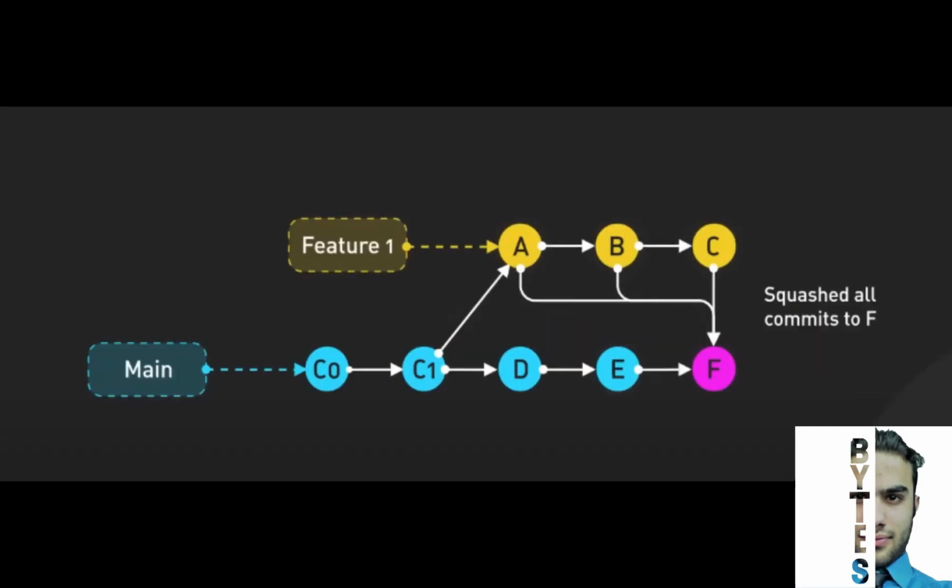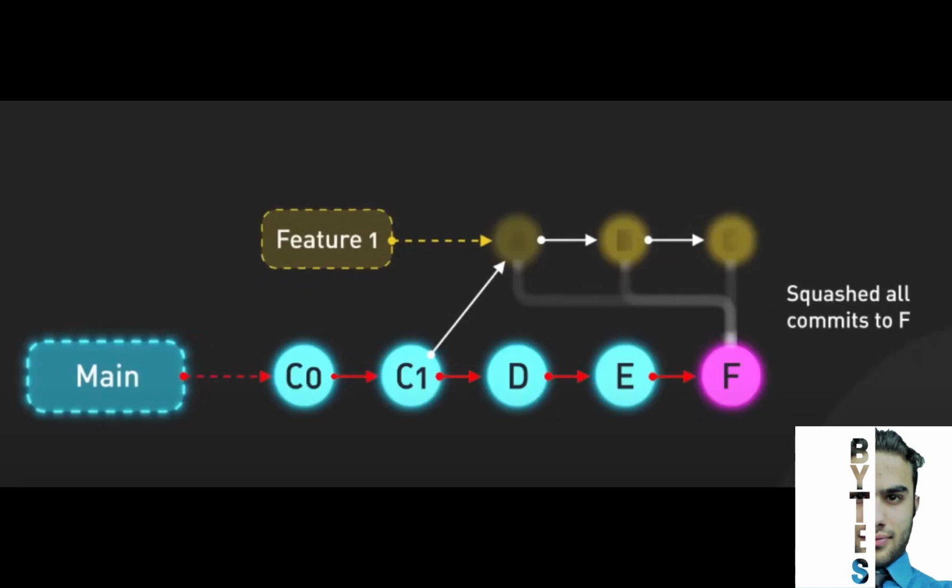Here is how Rebase restructures commits A, B, and C after the main branch reaches E. They become A', B', C', right on top of main. So now, instead of keeping A and B, C, we can squash them into a single commit F. This is useful when your work is messy and experimental.